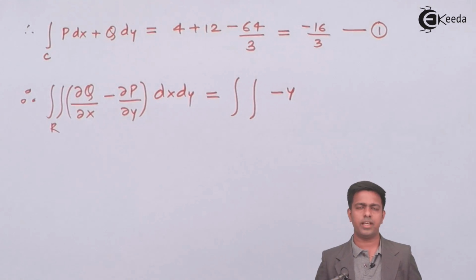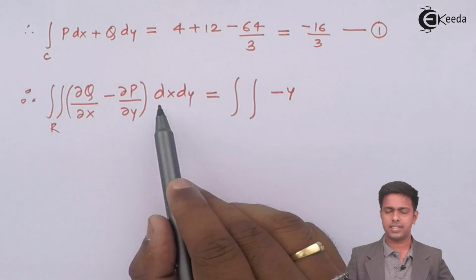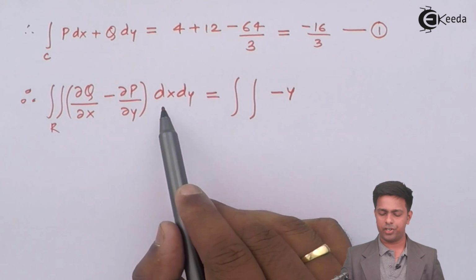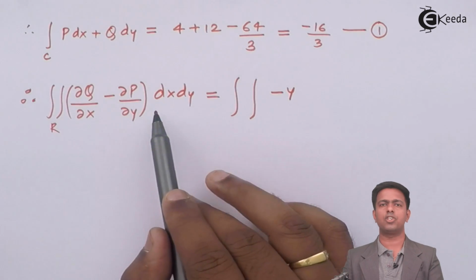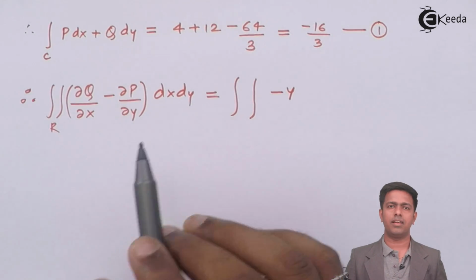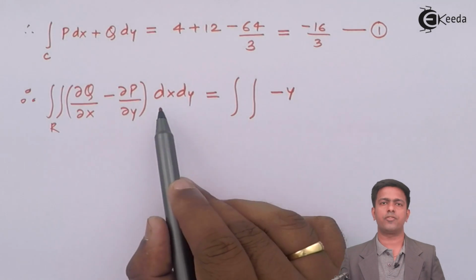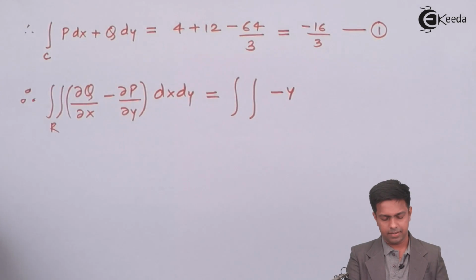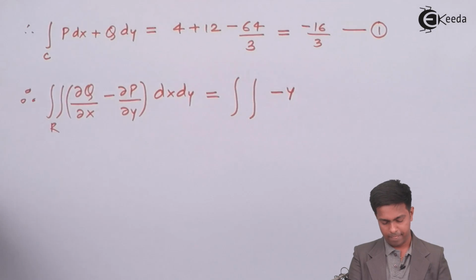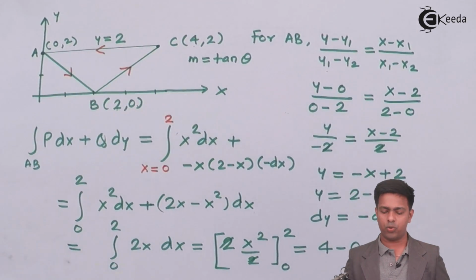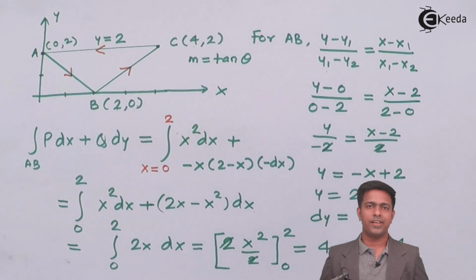So let me tell you the importance of dx dy. So let's say if I'm writing dx and dy, it means I'm gonna integrate with respect to x first and then with respect to y. But what does it mean in the given diagram? So if I want to integrate with respect to x, then in this given curve we have to consider a strip which is parallel to x-axis.